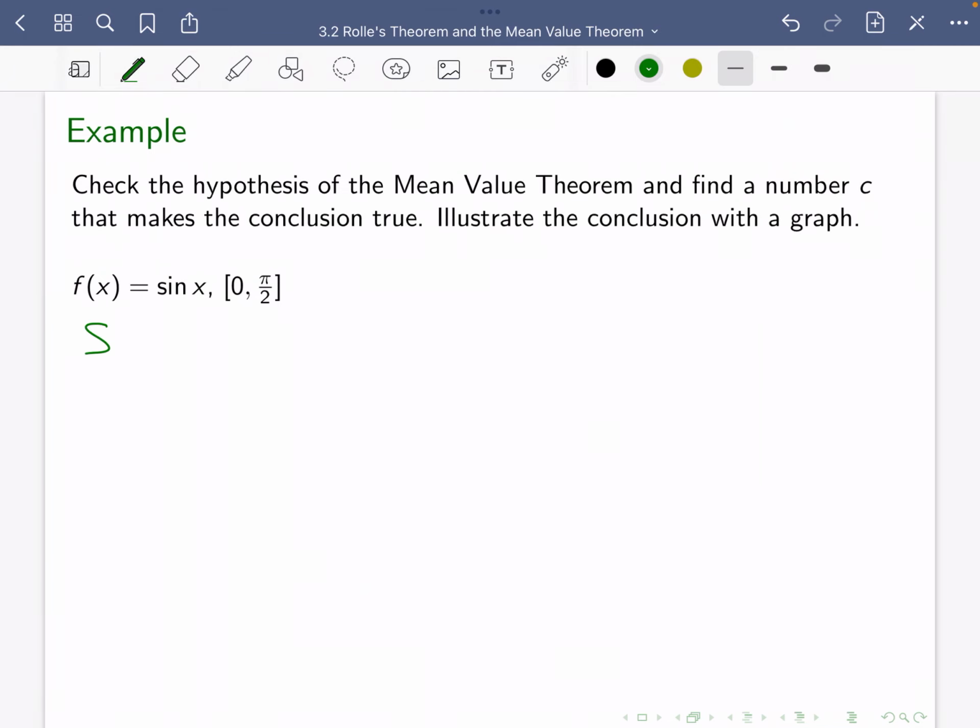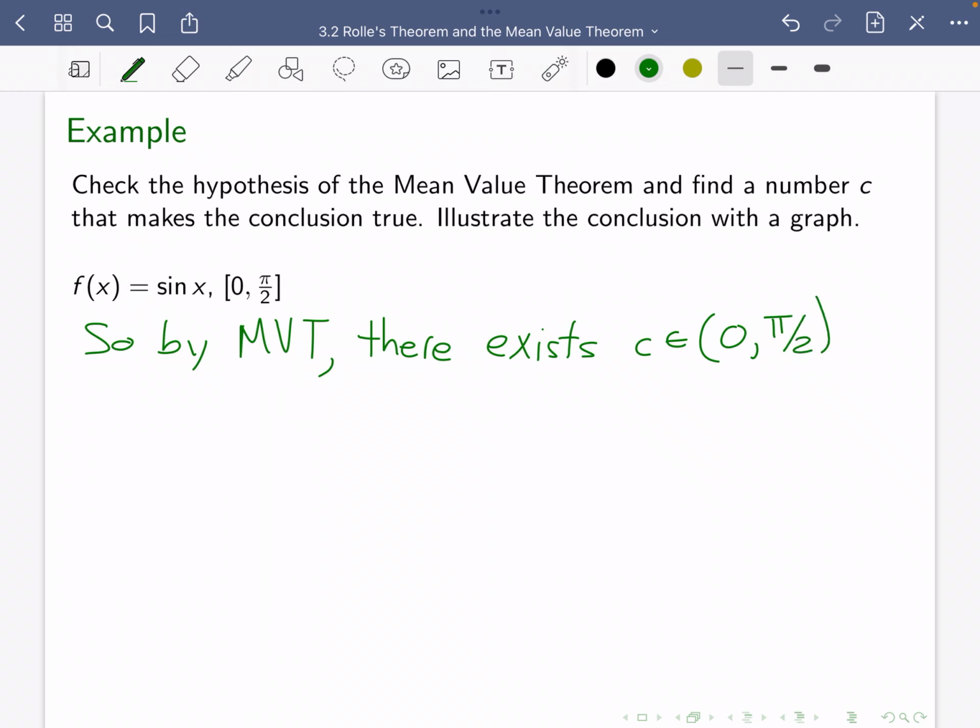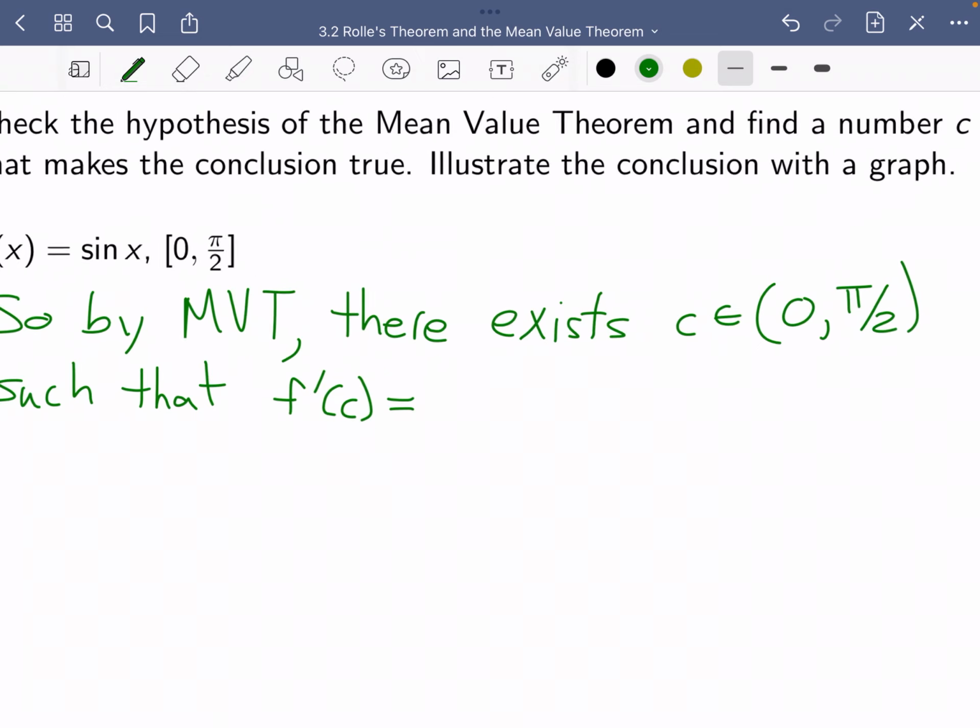So by the mean value theorem, there exists a c in the open interval from 0 to pi/2 such that the derivative at c is equal to the slope between the two endpoints.